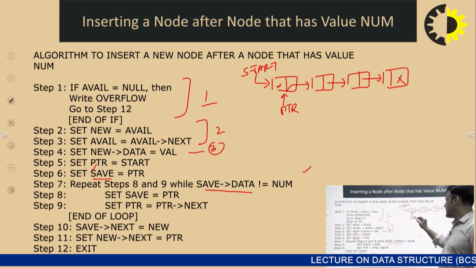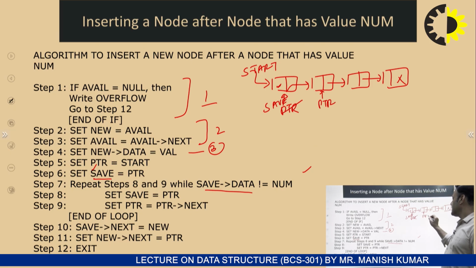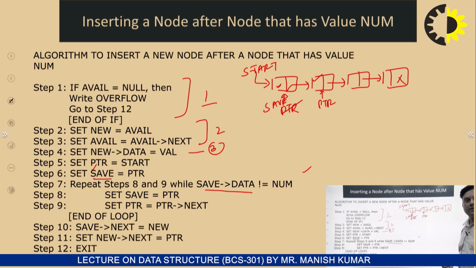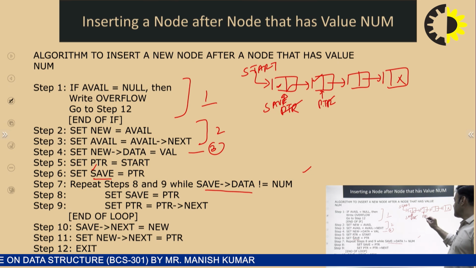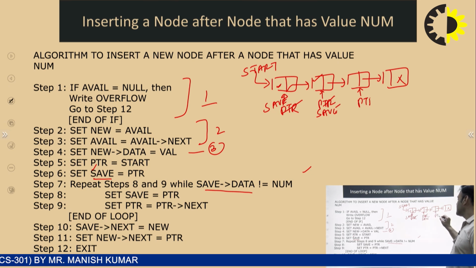No. Then this value of PTR will go into save and PTR will move next. Is this the part which I am looking for, after which I have to insert the node? No. Then the PTR value will go into save and PTR will come next. Right. Now I will check whether this is the element which I am finding. Yes.